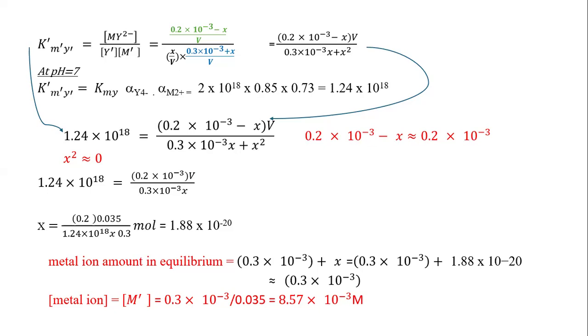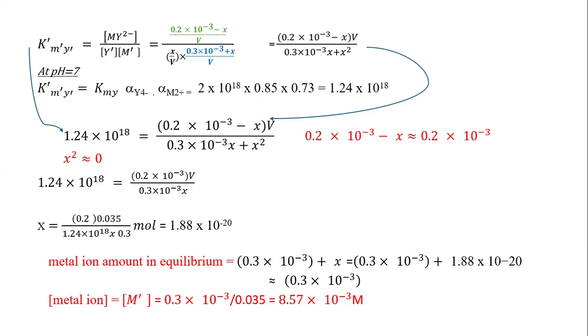And x is very small, so x squared will be very, very small, so that is also 0. Those two assumptions you have to write. After writing, you simplify this into this. Those are mathematics. V is 0.035, so the only term that you do not know is X. You can get the X value.